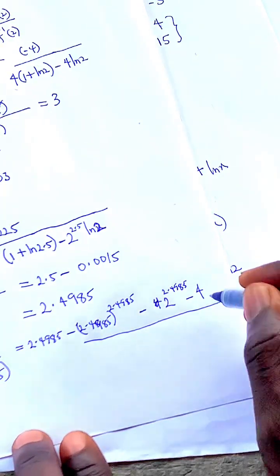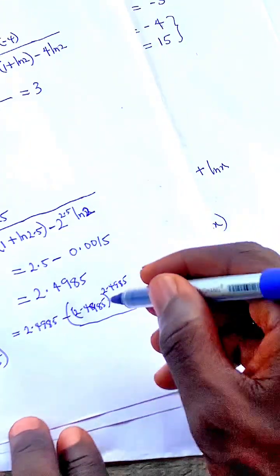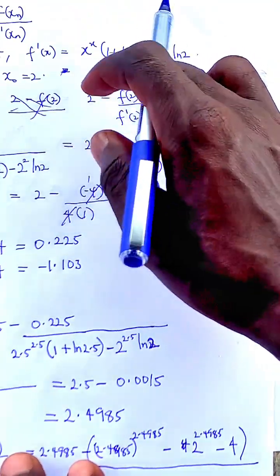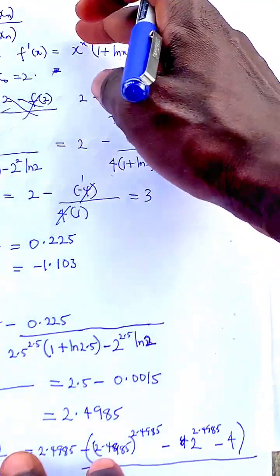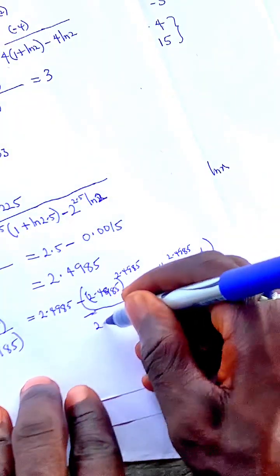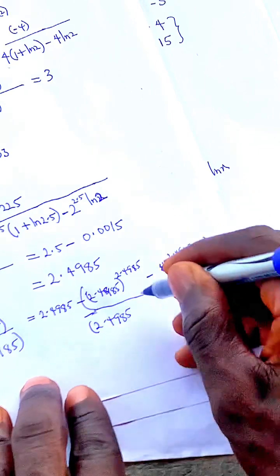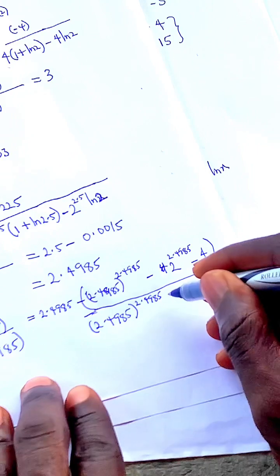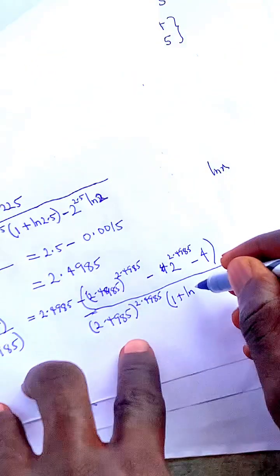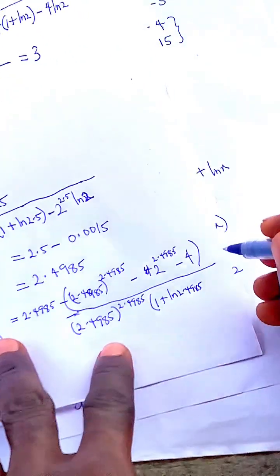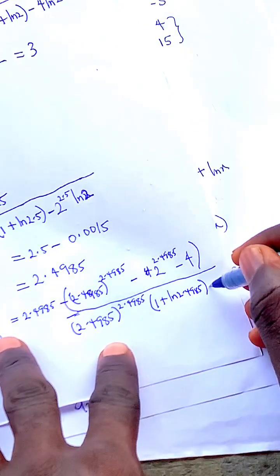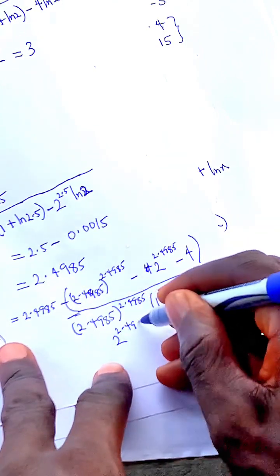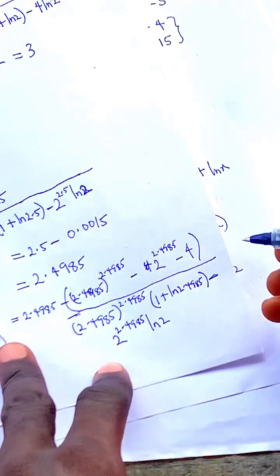All over, take note here, it is inside the bracket, all over f prime, which is this: 2.4985 to the power of itself, 2.4985 to the power of 2.4985, into 1 plus ln 2.4985, minus 2 into 2.4985 ln 2.